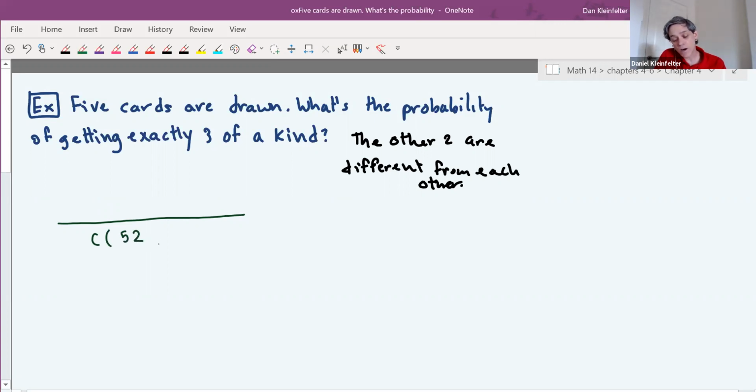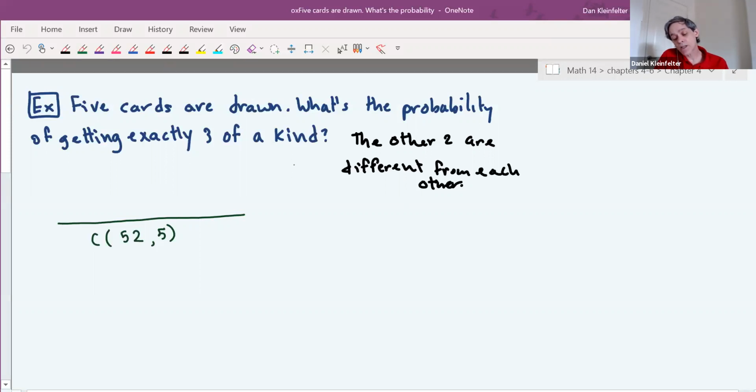There are 52 cards, and we're going to draw 5 of them, so it's C(52, 5). This is going to be combinations, not permutations, because the order that you draw the cards doesn't make a difference. There's nothing stopping you from shuffling the cards in your hand. You either have the 3 of a kind or you don't, so the order the cards are in doesn't make any difference.